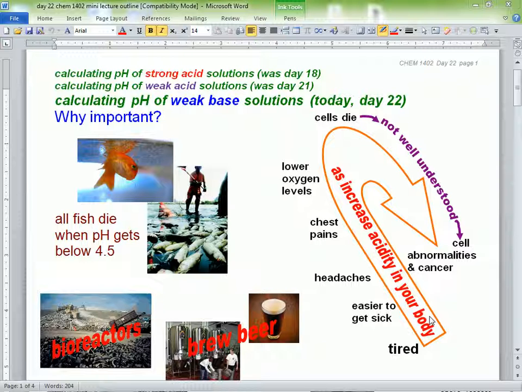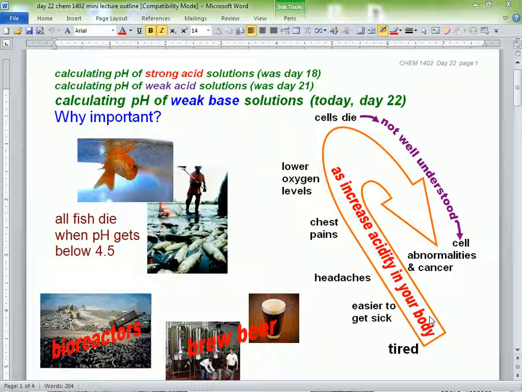Things are going good. And then, Gabby, along came weak acids. How did we get the pH of a weak acid solution? Yeah, how do you get the pH for a weak acid? What was the game plan for that? What do we have to do?